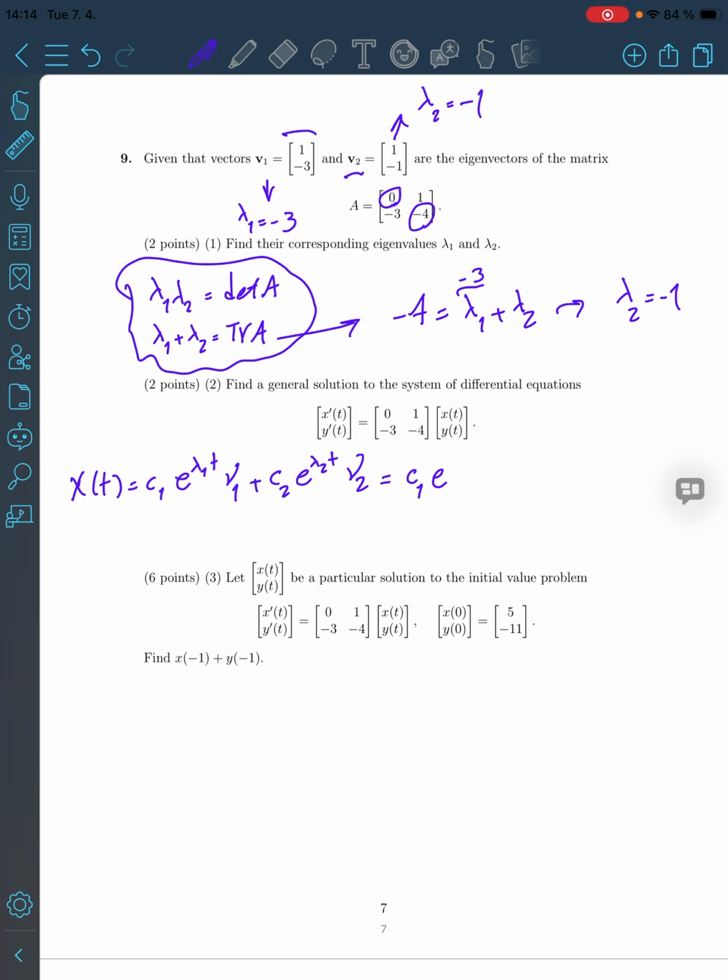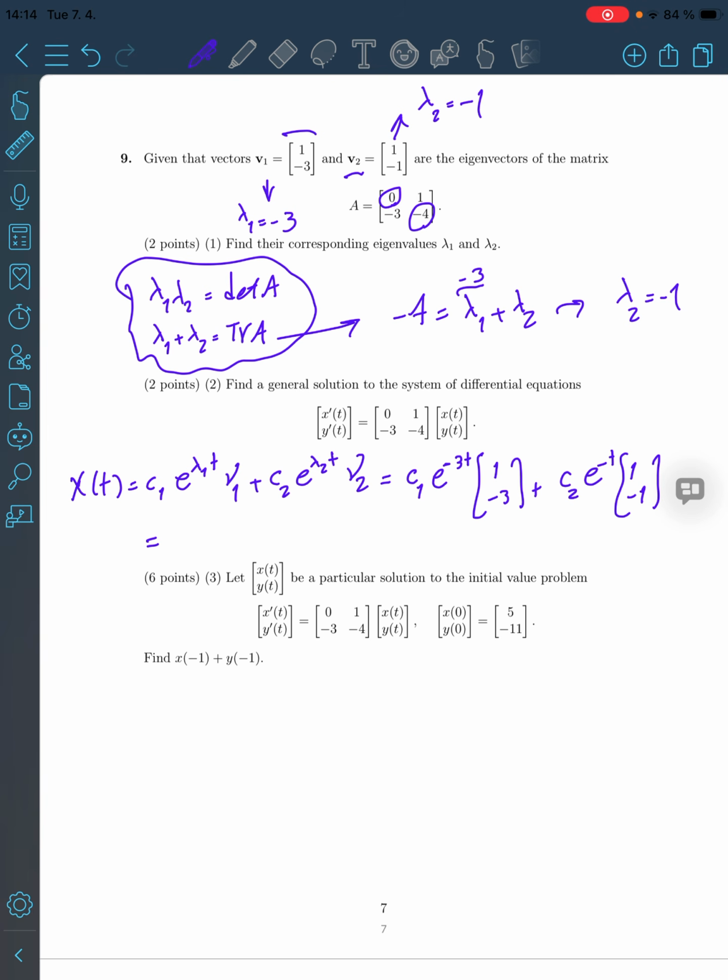Therefore, here you have c1 e to the -3t times v1, where v1 is (1, -3), plus c2 e to the -t times the vector for the corresponding eigenvalue, (1, -1).